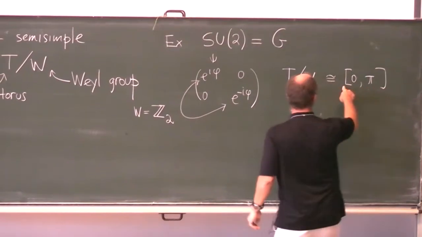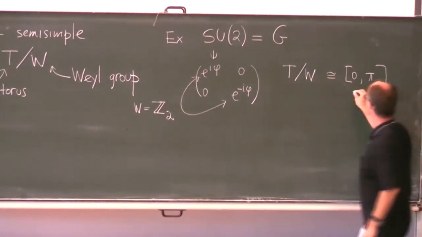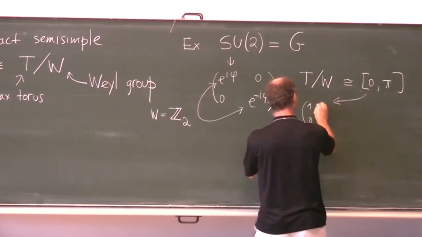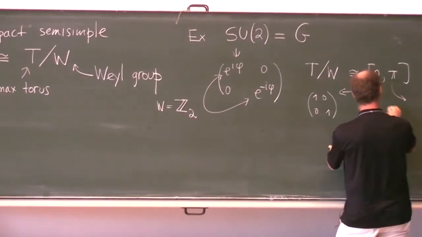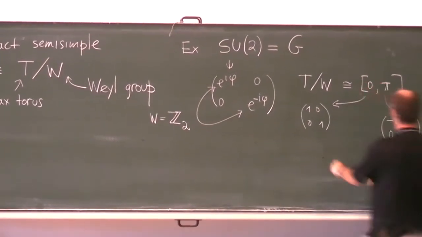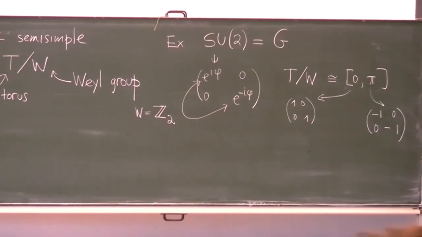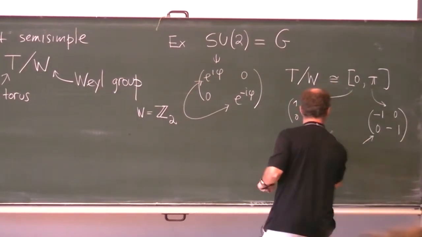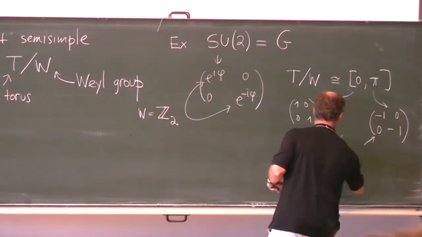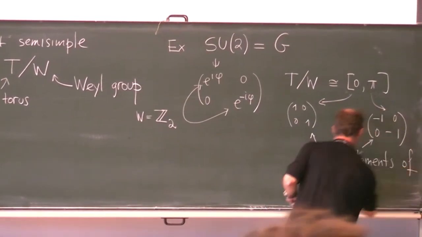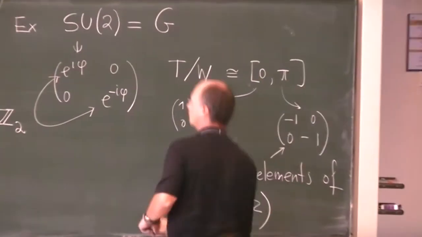So notice that the endpoints of this segment correspond to the unit matrix, and the other one corresponds to the matrix minus 1. That's where phi is equal to pi. And these are two central elements of SU2.